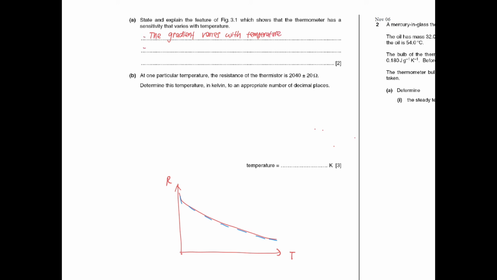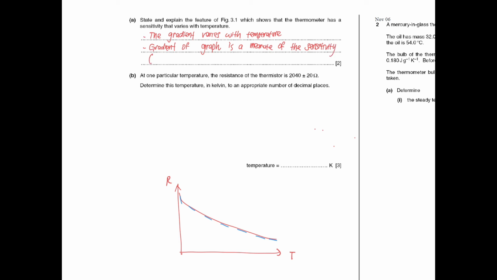Okay, then you explain: the gradient of the graph is a measure of the sensitivity.